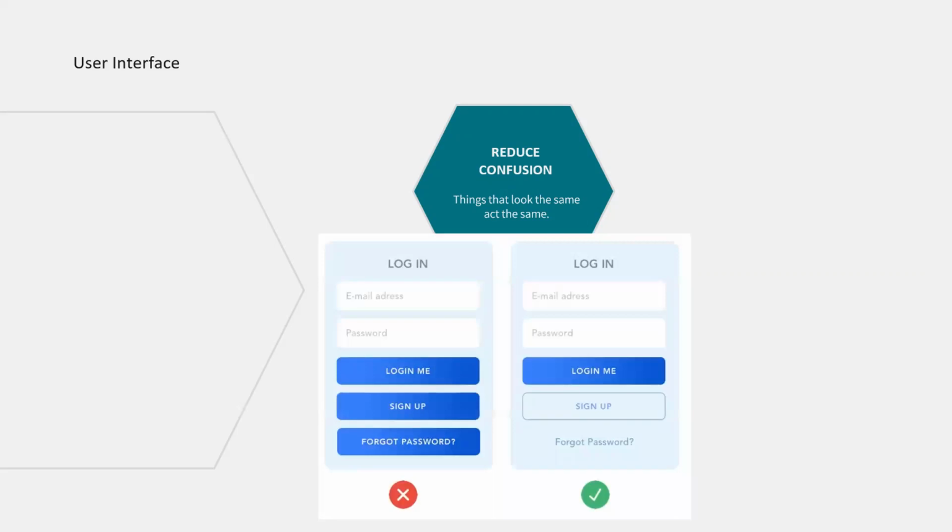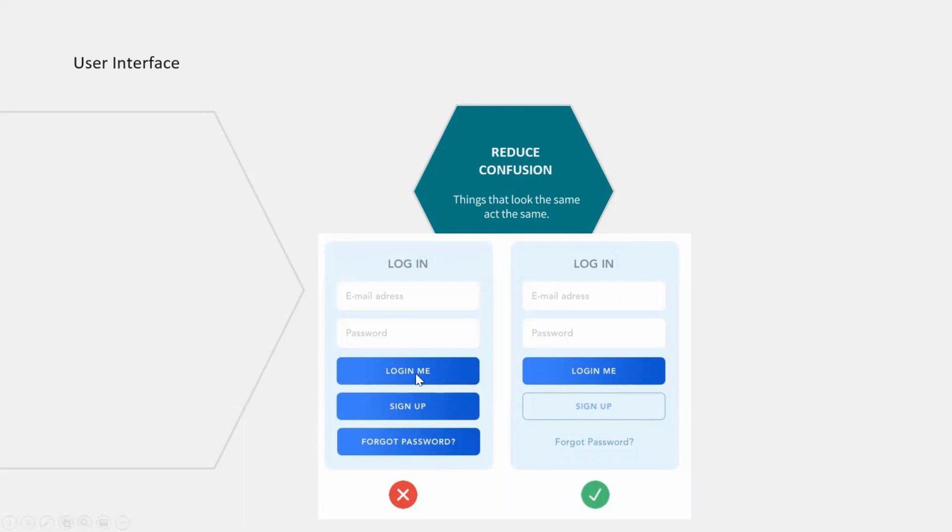Now we have our example right here. In the image on the left, we have 3 different buttons. They all do different things: login, sign up, and forgot password, but they all look exactly the same, with the same gradient and the same size. So what ends up happening is that your user will have to calculate a mental load of understanding, okay, I see all these 3 buttons.